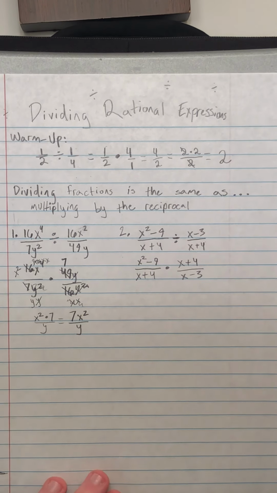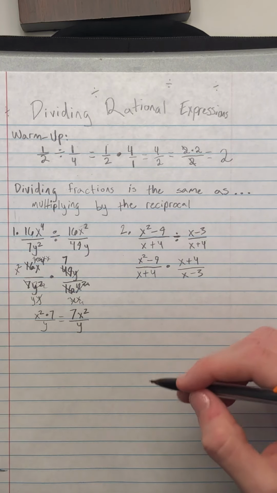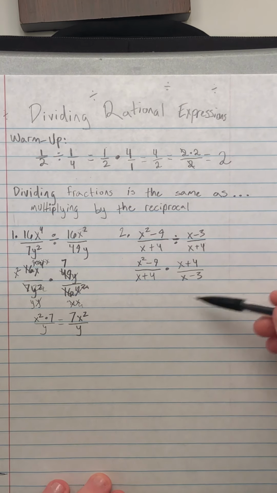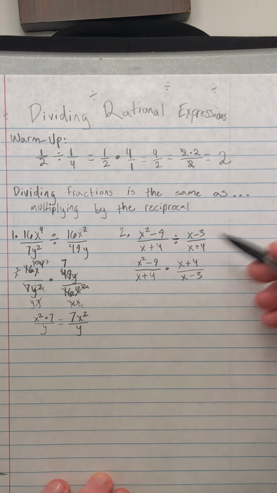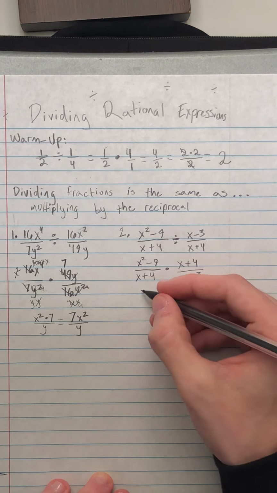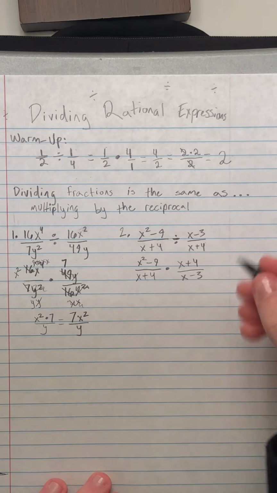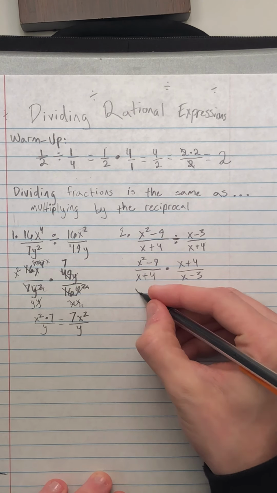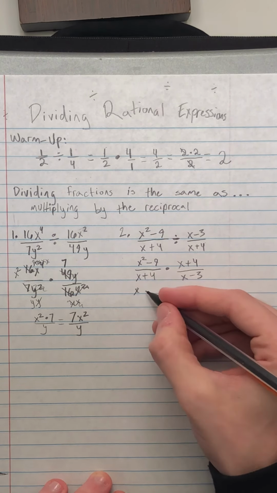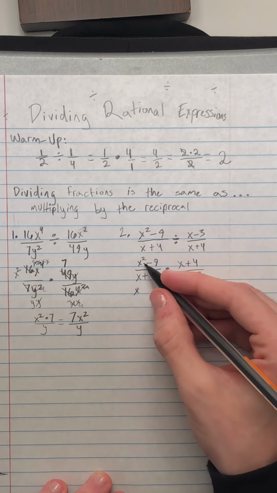So now, before I start crossing things out, I'm going to see, is there anywhere I can factor? Well, if I look at this first one, x squared minus 9, I can factor. You should recognize it's a difference of squares. So I would have parentheses that pretty much look the same except for their sign in the middle.